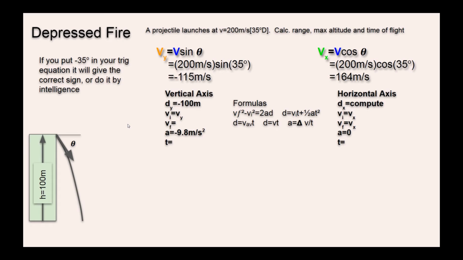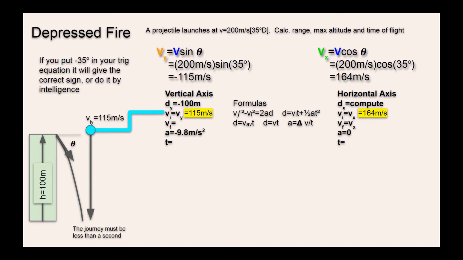Same setup. All right, we're all set to go here. We've got our speeds we've already calculated. Now, think about it. With this speed of 115 meters a second in the vertical, the building's only 100 meters high.